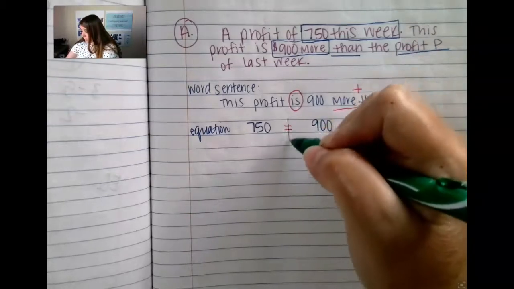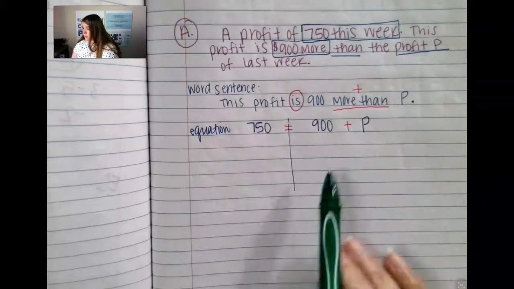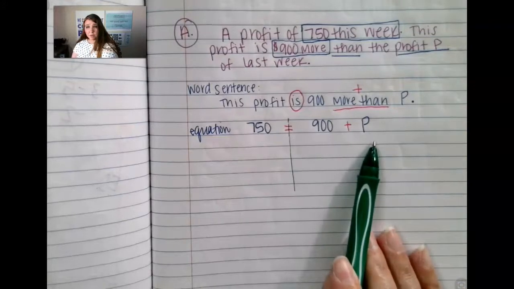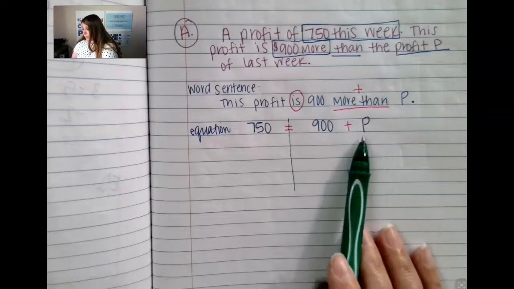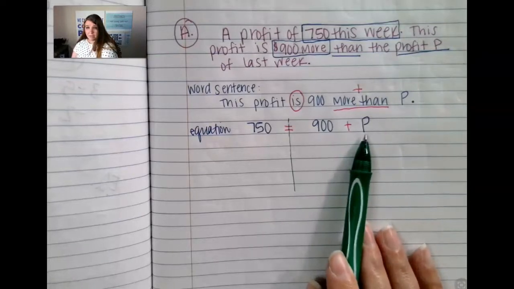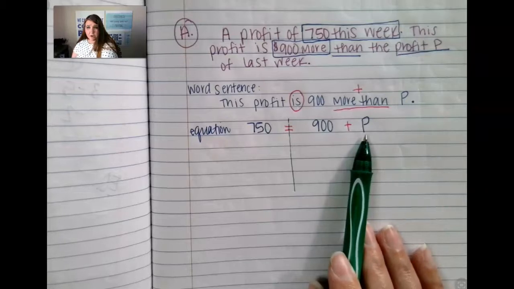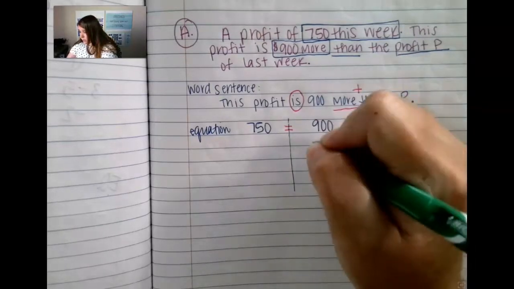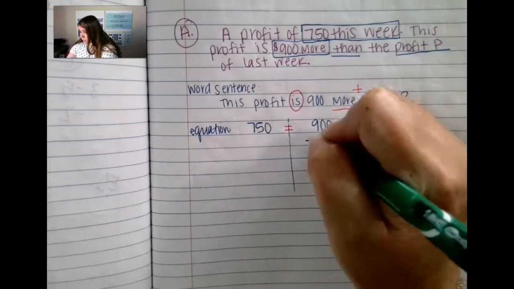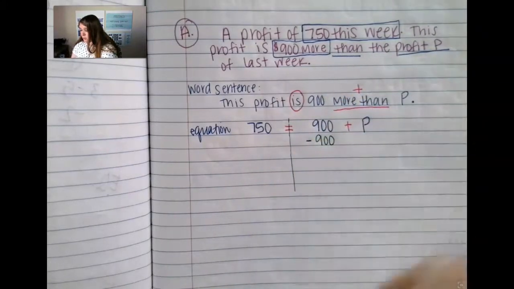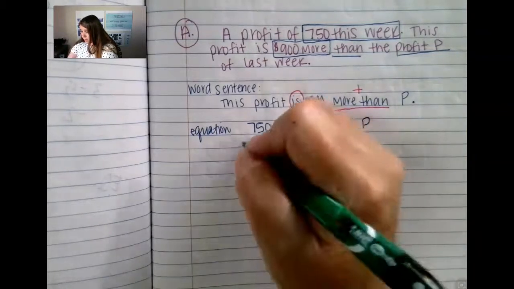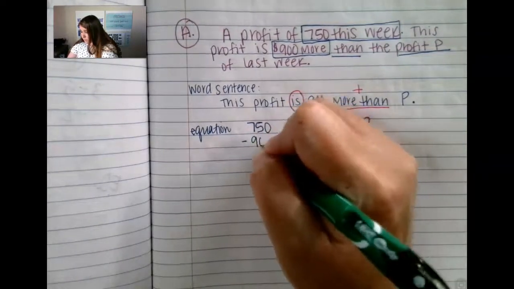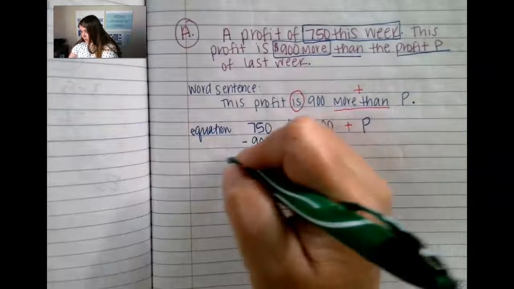So balance line, and I'm going to start on the side that has the variable and do what I need to do to solve for P. I need to get this variable by itself. That is my goal, to isolate the variable. I have a positive 900, so now I need to subtract 900, and over here, I need to subtract 900.